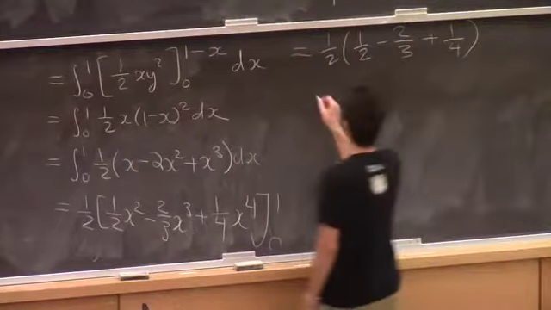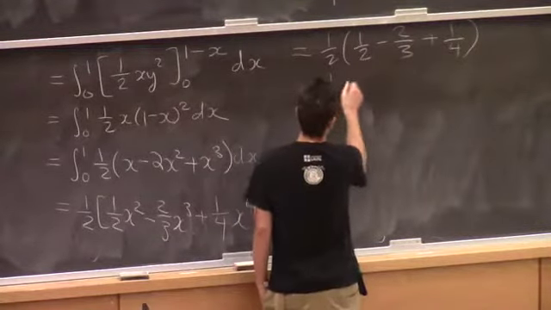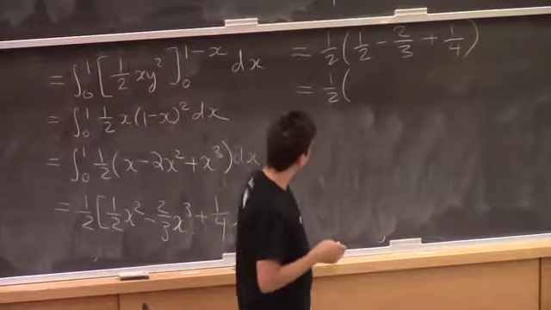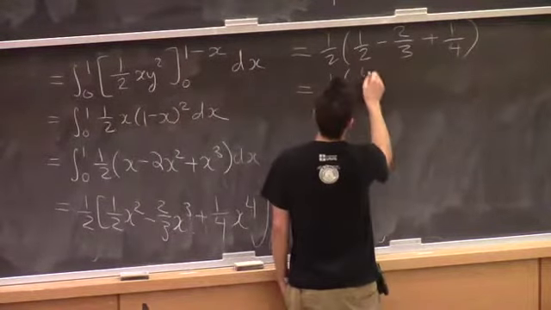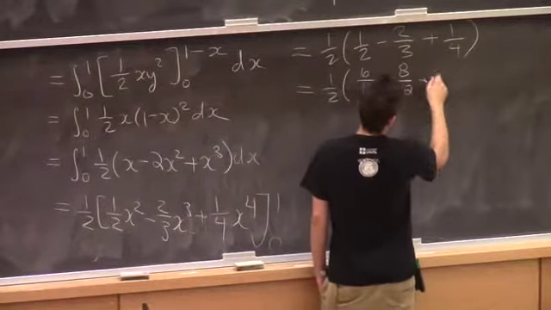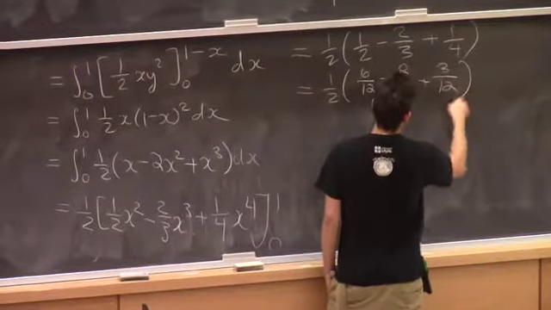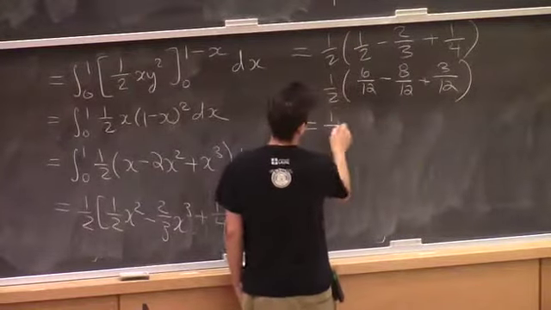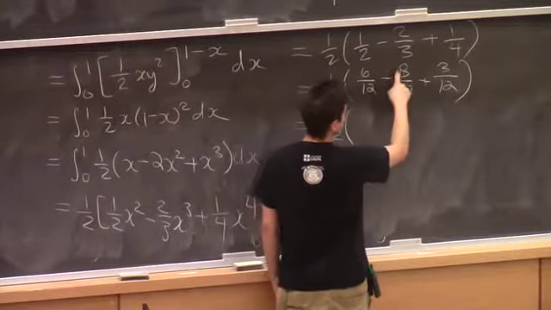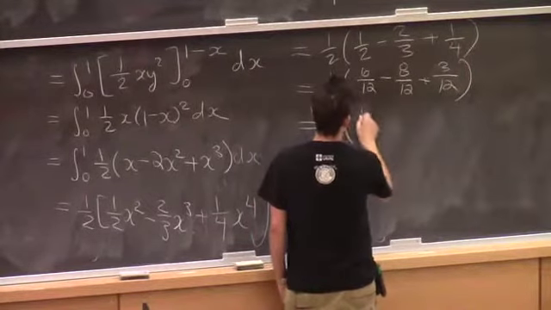Okay. And then what should we put this over? I guess 12ths? Okay, so we get -2 plus 3, so we get 1/12.